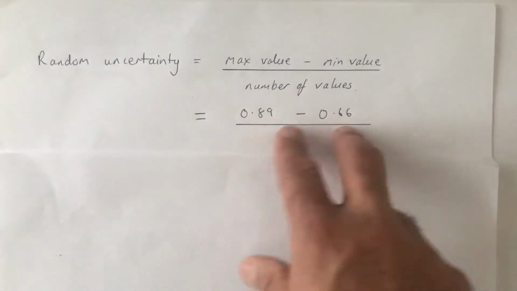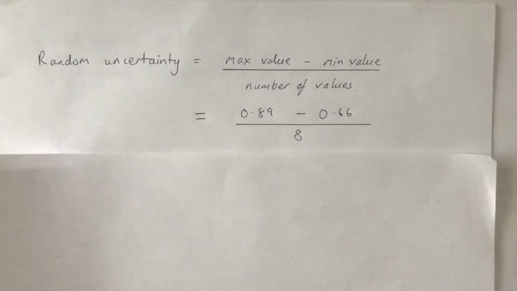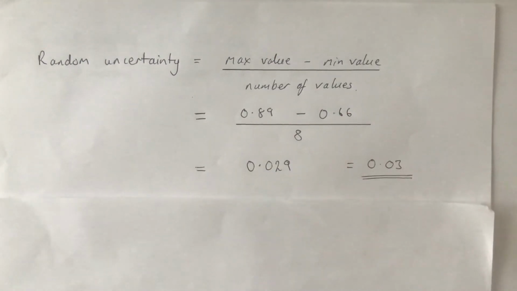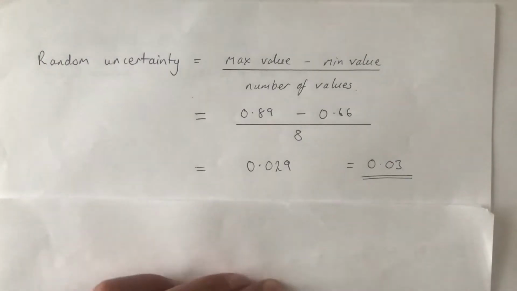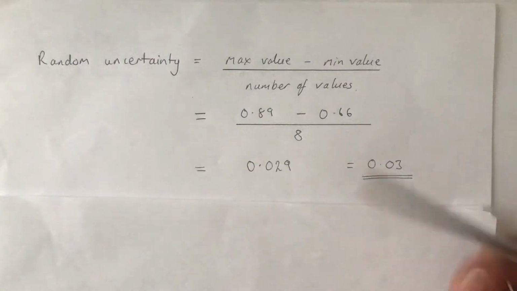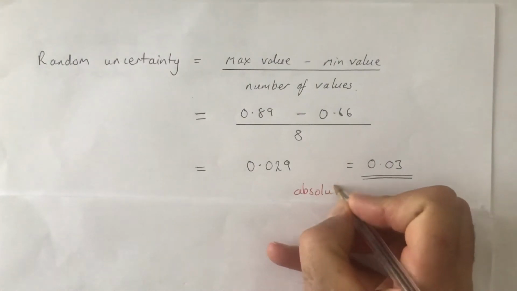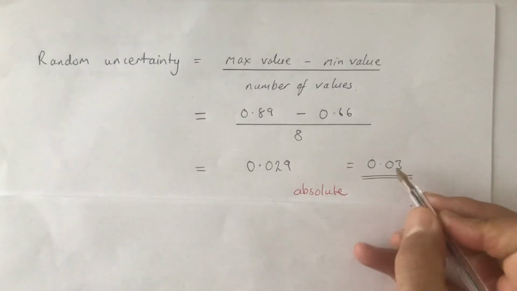Tut tut. And having done the subtraction and division, I end up with my absolute random uncertainty. So this is called the absolute uncertainty in the value, my 0.03.